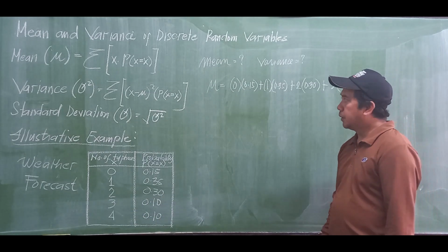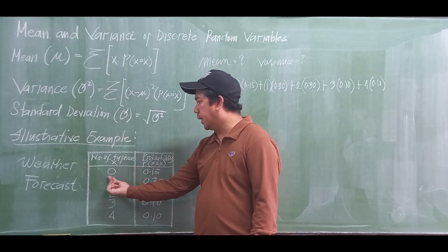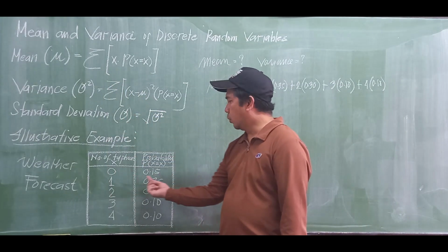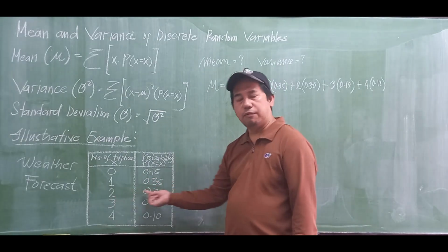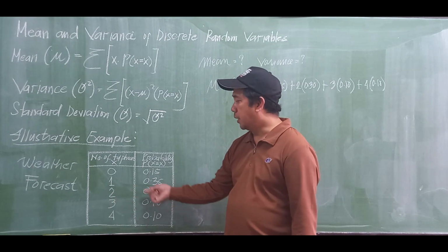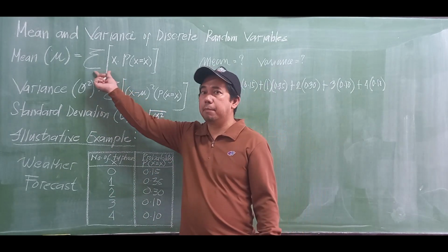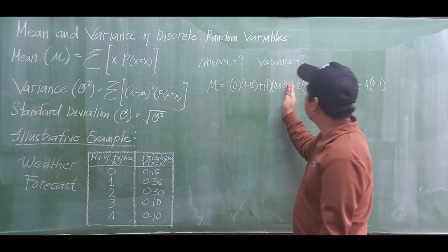So notice, that is the meaning of the summation. You multiply every variable to its corresponding probability, or weights, and then after that, you add them. That is the meaning of that one. So multiply, add.